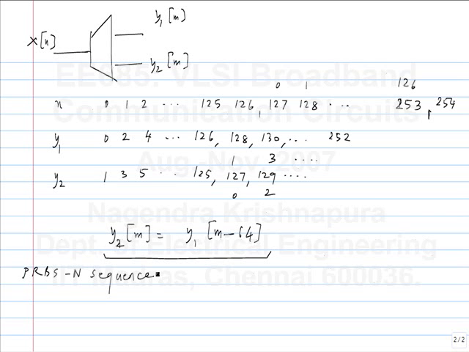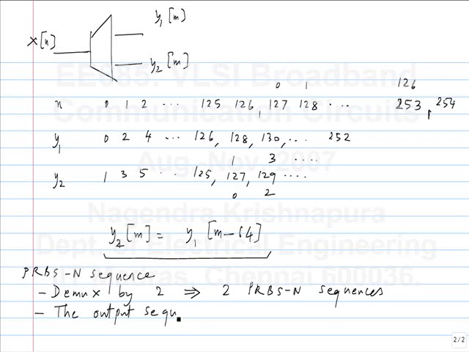What I write here relates to the sequences I get from the linear feedback shift register structure. Okay. So I demultiplex a PRBS N sequence by a factor of 2, and each of the demultiplexed sequences is PRBS N. Okay. And also the output sequences are shifted versions of each other.